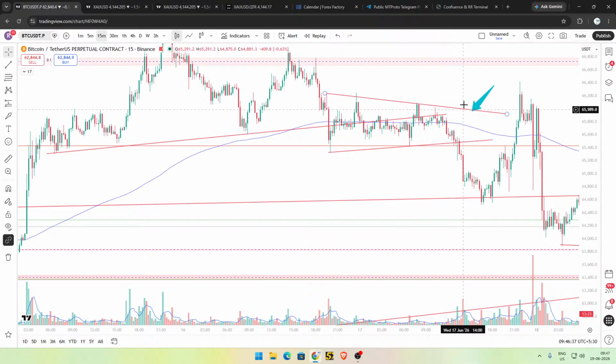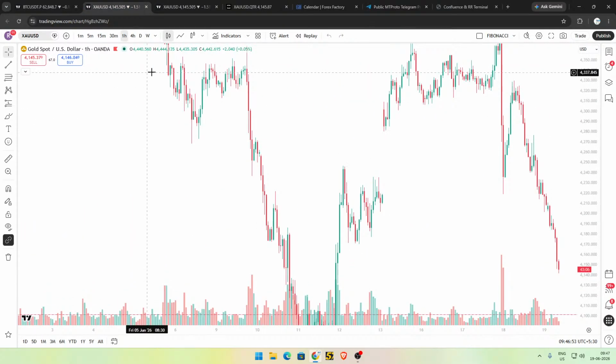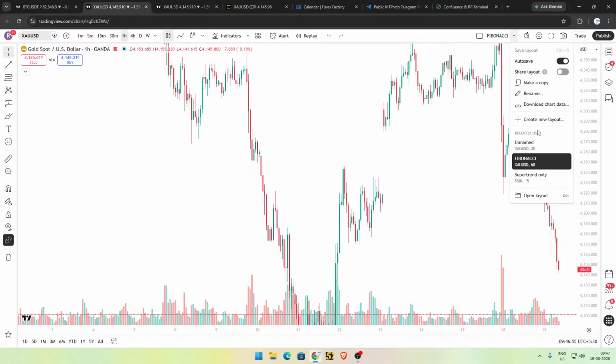Otherwise, if it had formed at this area, it would have trapped the sellers and then gone up, but as it was trading below the 200 EMA, it worked very nicely. So like this thing, it happened at this area.